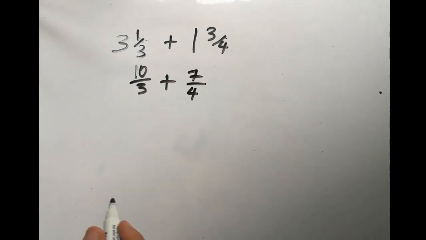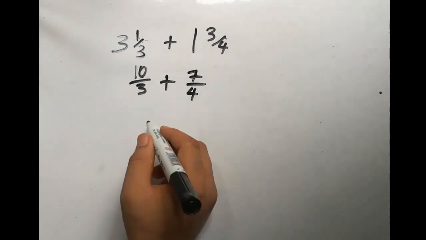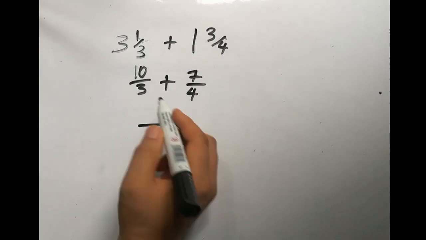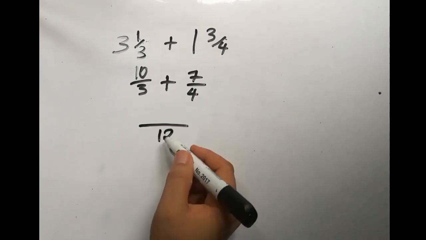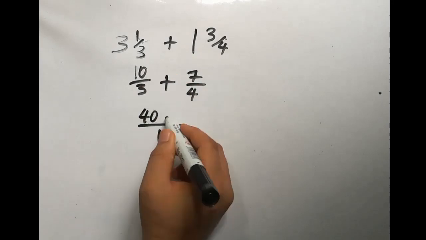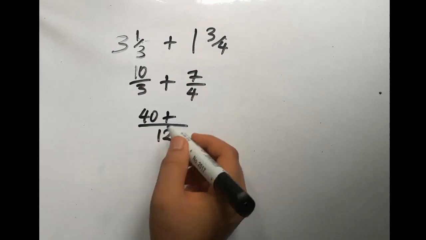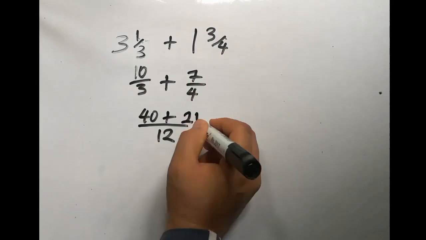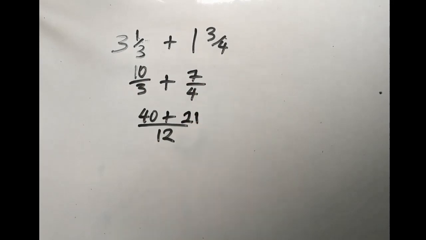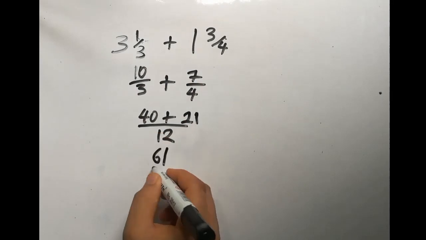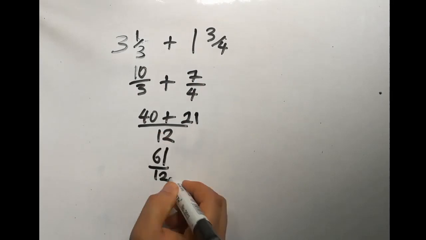Now, we can look for the LCM of 3 and 4, which will be 12. 3 into 12 is 4. 4 times 10 is 40. Plus 4 into 12 is 3. 3 times 7 is 21. So we now have 40 plus 21 is 61 over 12.